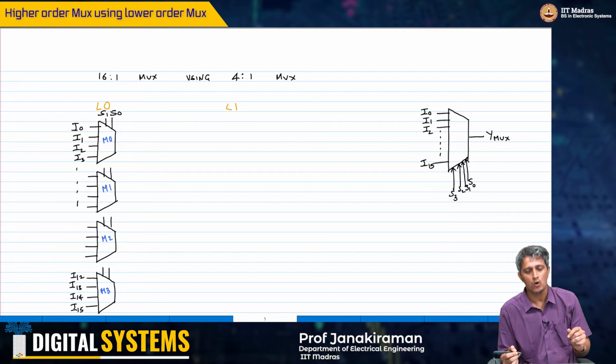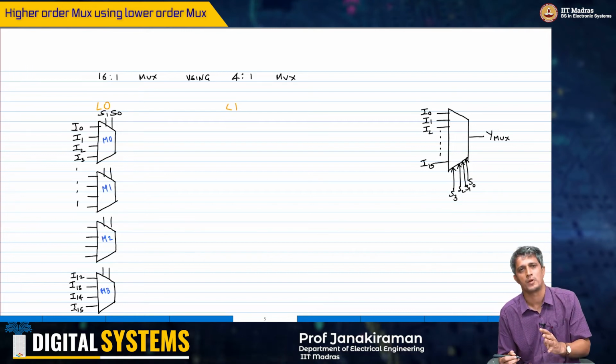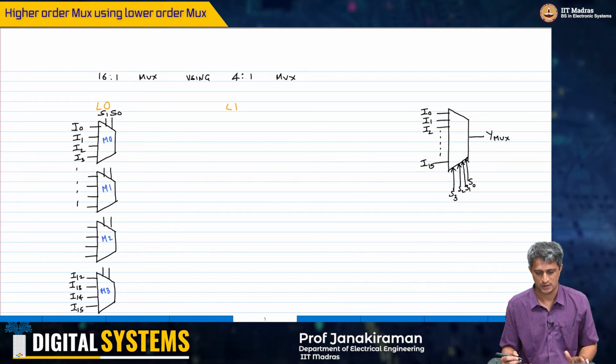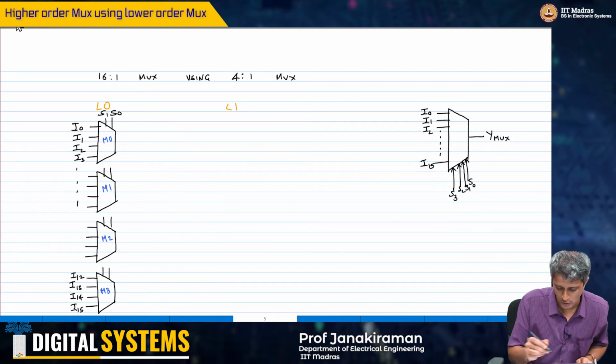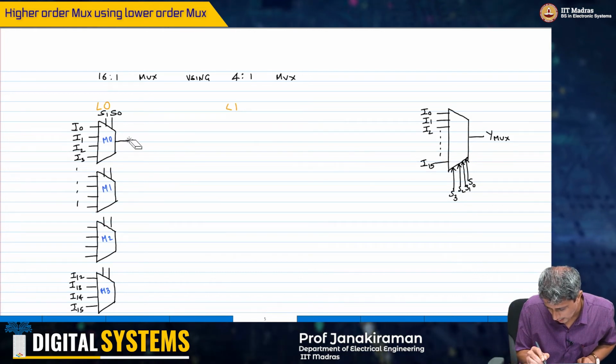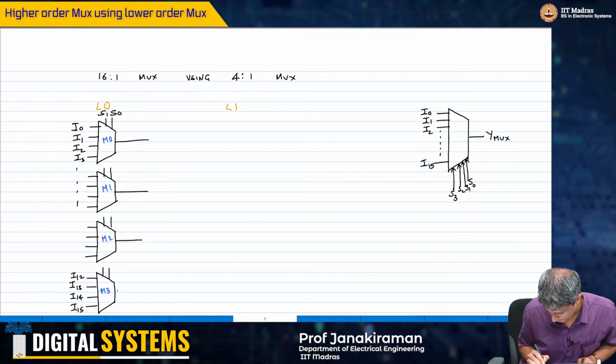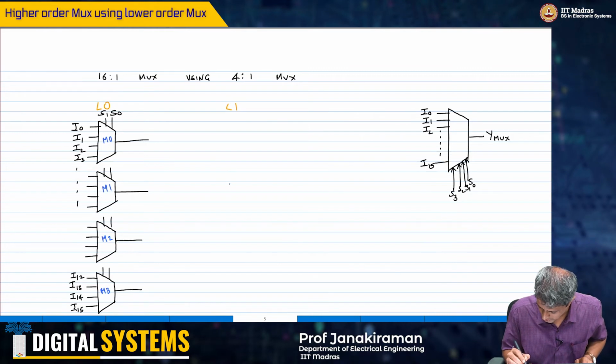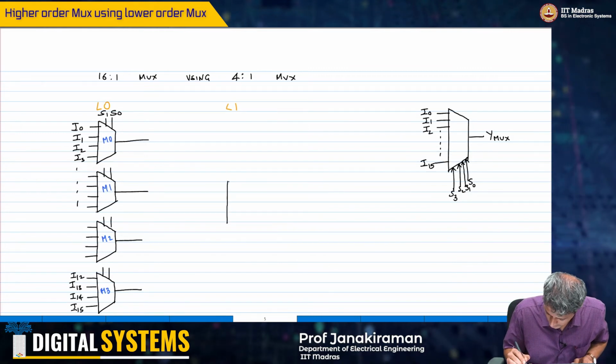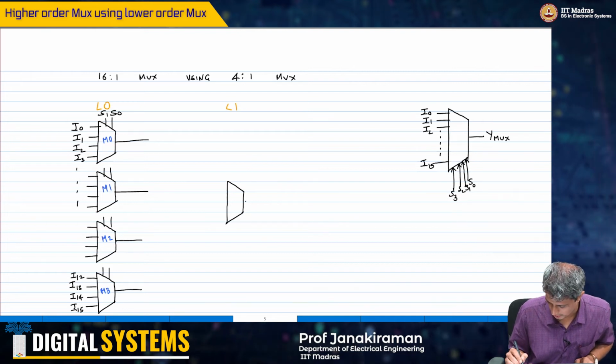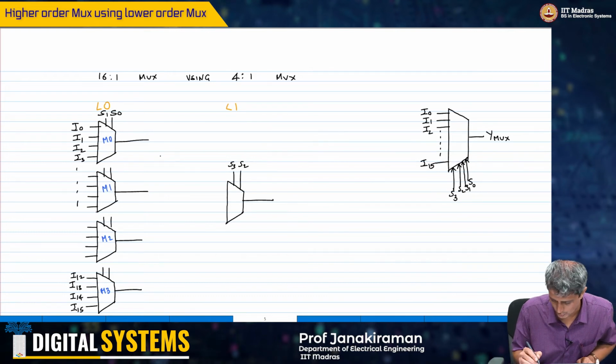So in level 0, I have 4:1 multiplexers that are giving me this. Now the output of the first stage are how many? I have just 4 outputs, and therefore the second stage, level 1, is very straightforward. I just make another 4:1 multiplexer here, and then put my select bits S3, S2 out here.